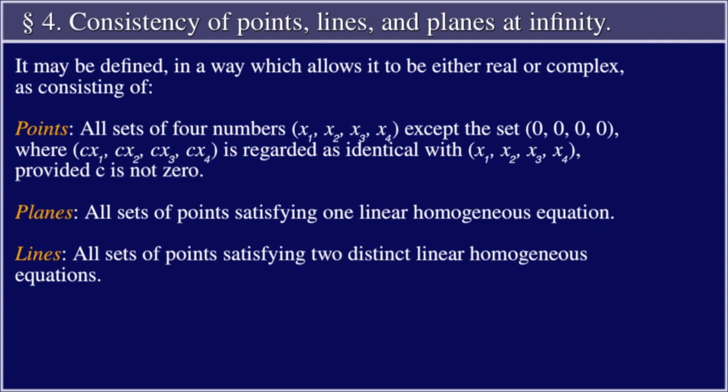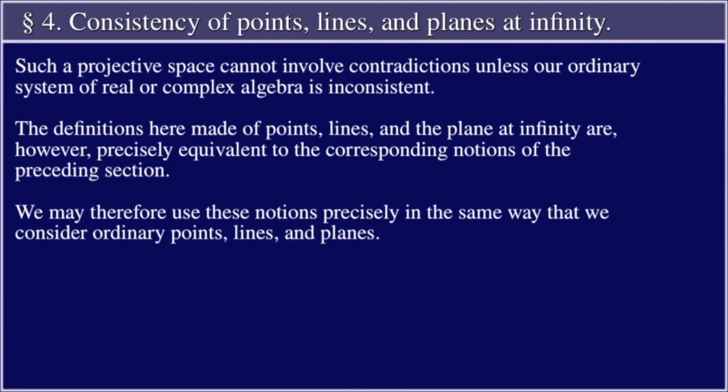Planes: all sets of points satisfying one linear homogeneous equation. Lines: all sets of points satisfying two distinct linear homogeneous equations. Such a projective space cannot involve contradictions unless our ordinary system of real or complex algebra is inconsistent.